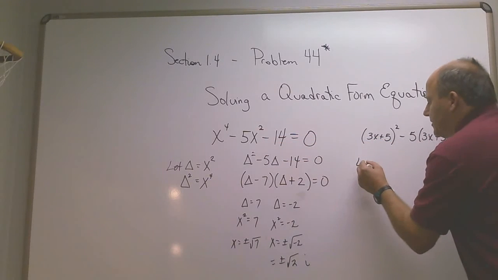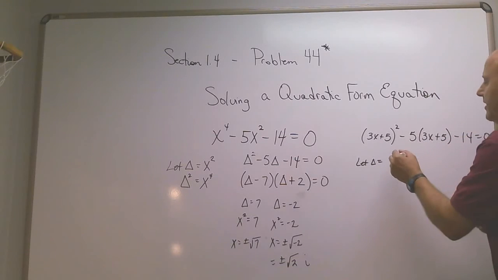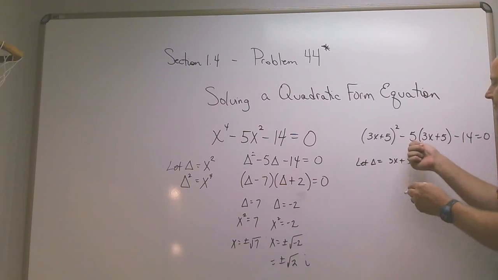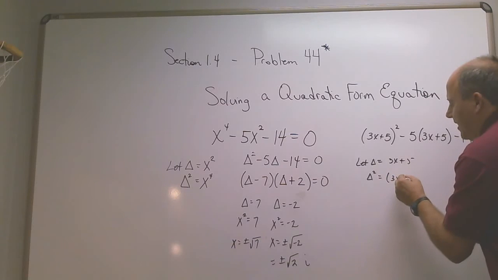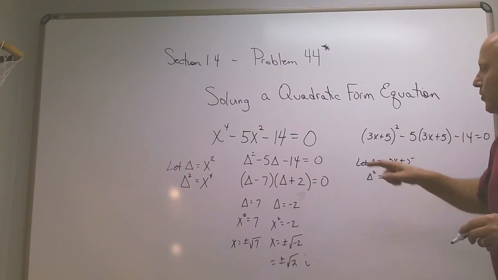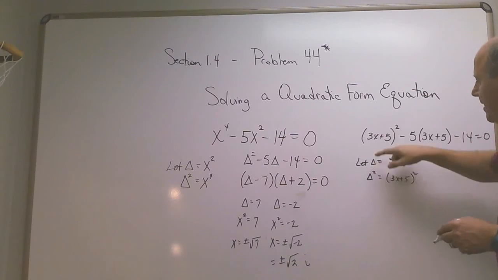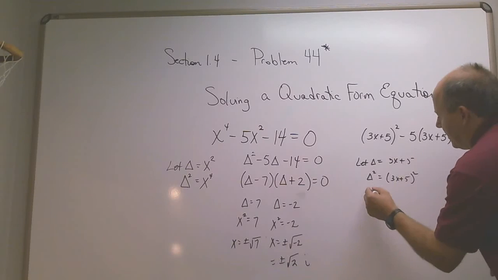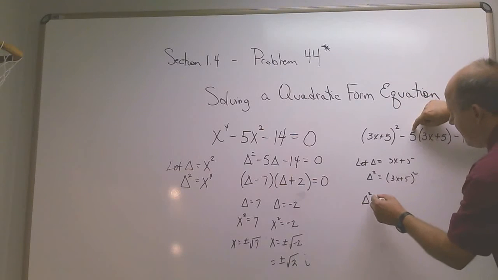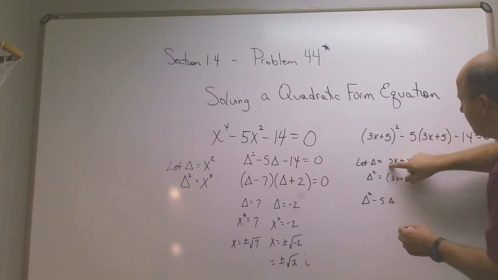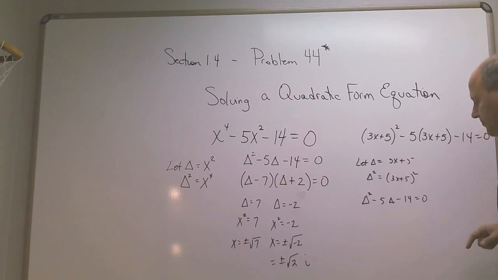So I'm going to let delta be equal to the middle term without its coefficient. In this case, it's 3x plus 5, because it's without its -5. And then delta squared is equal to (3x plus 5) squared, the first term without the coefficient of 1. When you substitute those back in, delta squared replaces this, the -5 times delta replaces the 3x plus 5, drop down to -14, equals 0.